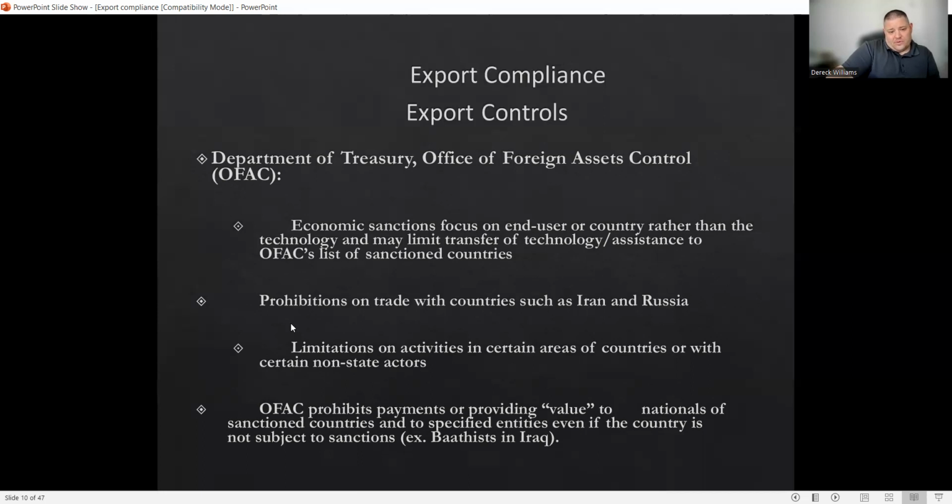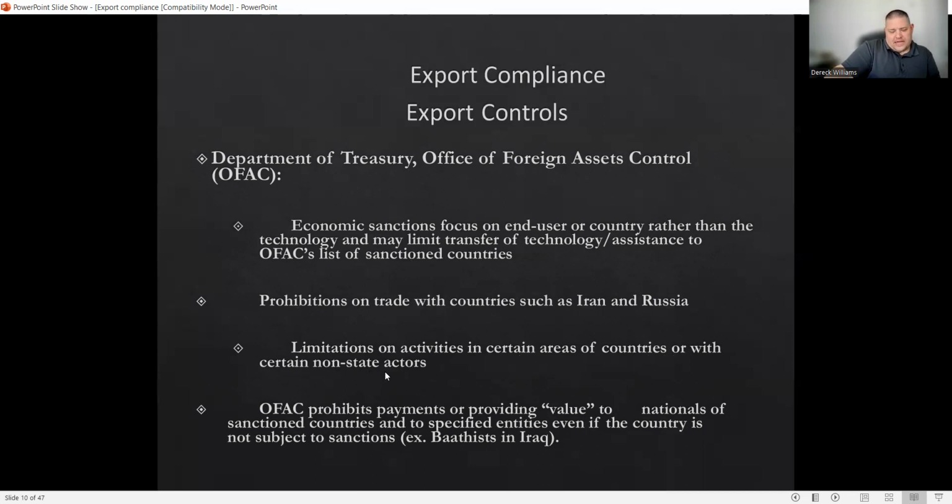They cover and govern prohibitions on trade with countries such as Iran, Russia, and a pretty substantial list of other countries. They define limitations on activities in certain areas of countries with certain non-state actors.